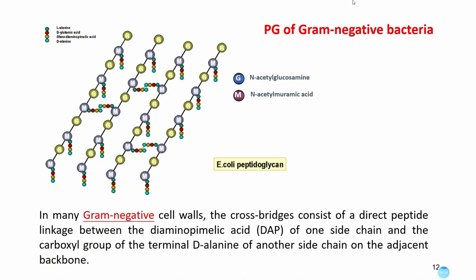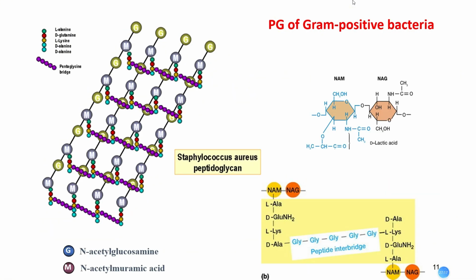But here, the side chain is on NAM, but you cannot see the glycine cross bridge. Between the two side chains, you cannot see the 5 glycine cross bridge, like this one, right?